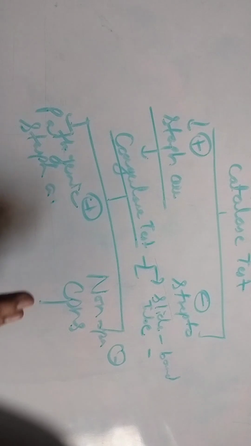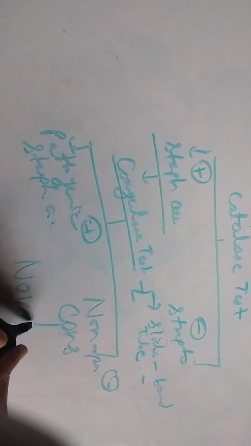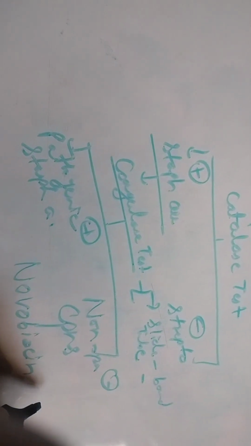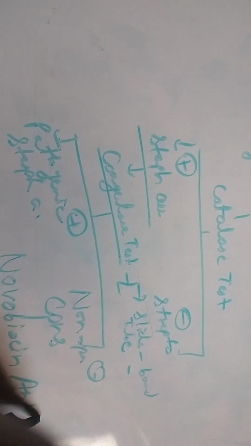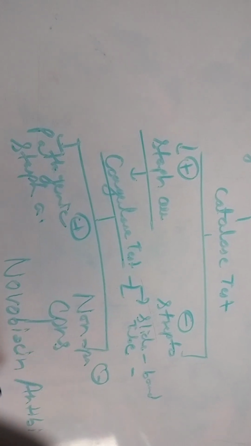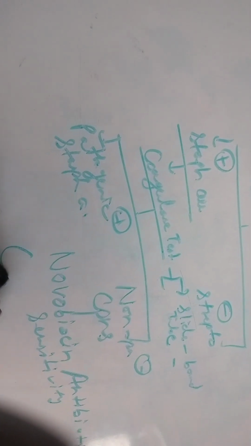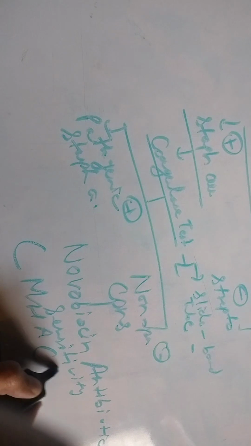Then it is again divided on the basis of the novobiocin antibiotic sensitivity test, and this is performed on MHA, that is Mueller-Hinton agar.